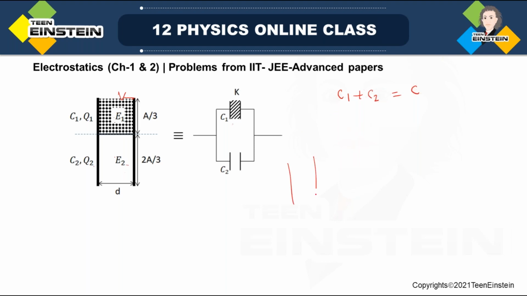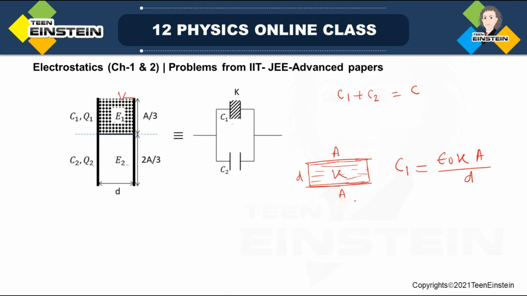So we know when a parallel plate capacitor is placed with a dielectric, if we have a parallel plate capacitor, each plate has area A, and a dielectric slab of thickness D and area A is placed, see, if this is the dielectric slab having dielectric constant K, then the capacitance will be epsilon naught into K, the dielectric constant, A by the distance between the plates.